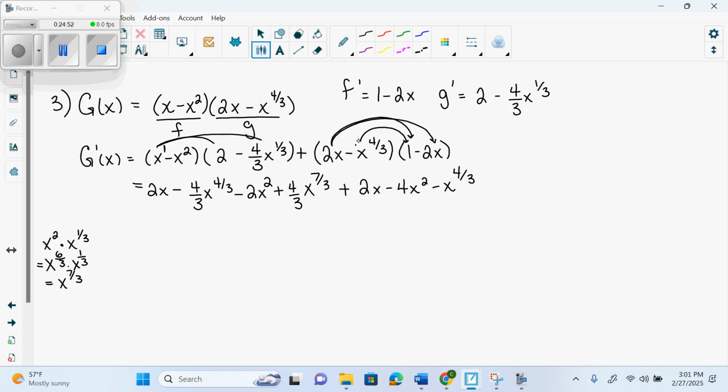And then negative x to the 4/3 times negative 2x is positive 2. Now we're doing x to the 4/3 times x to the what? Well, we can't put them together unless we have common denominators. So we get x to the 4/3 times x to the 3/3 equals x to the 7/3.